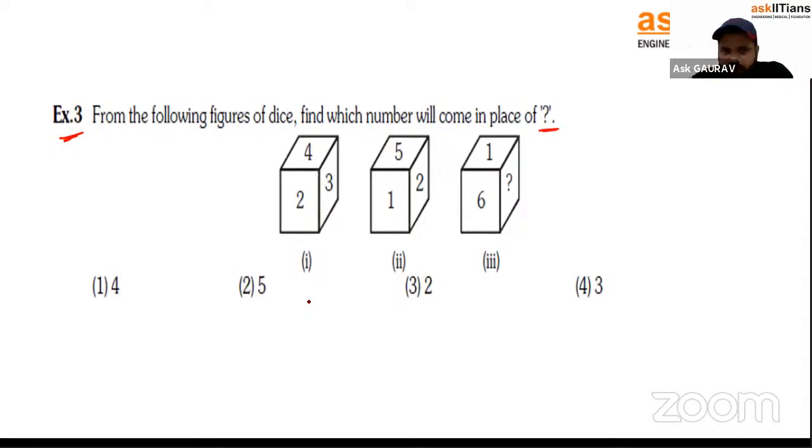So now it's 3. Okay, we'll check it. Just do one thing, just make a die. You have to identify this question mark. So let's see.